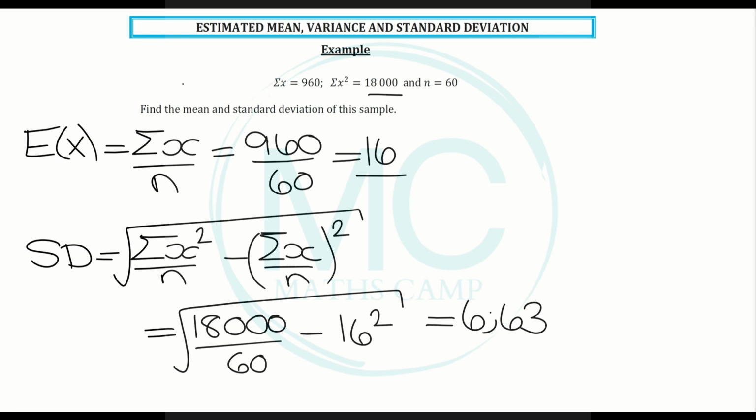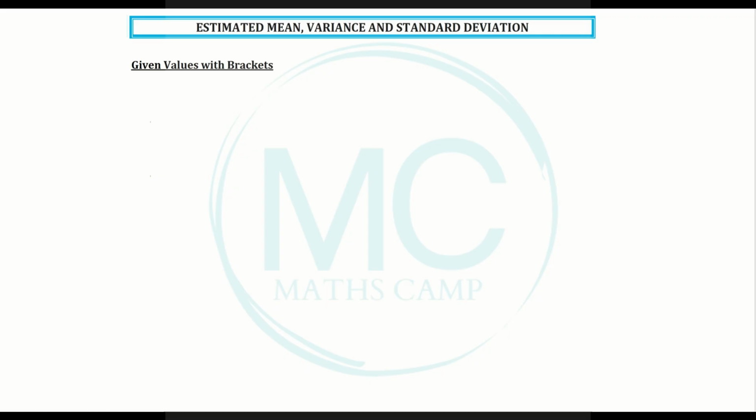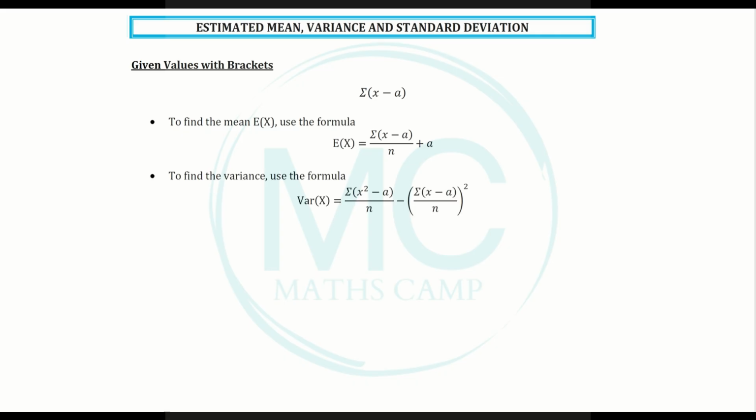Now I'd like to look at given values with brackets, and they will look something like this. Sigma with a bracket of x minus a, where a is a constant. To find the mean, we use the formula: the mean is equal to the value of sigma x minus a, all over n, plus a. And to find the variance, we can use this formula. But please be careful here.